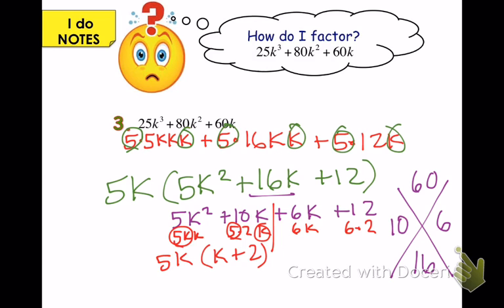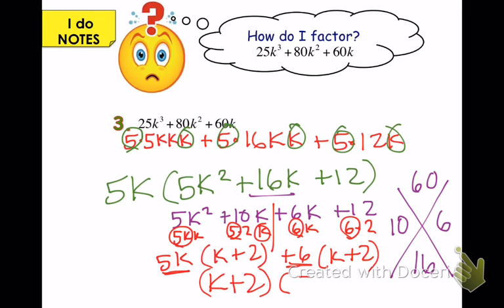So I'm going to factor out a 6, and I'm left with k plus 2. Again, my two factors match my binomials. That's my new GCF, k plus 2. So I write down k plus 2, and my leftovers are 5k plus 6.